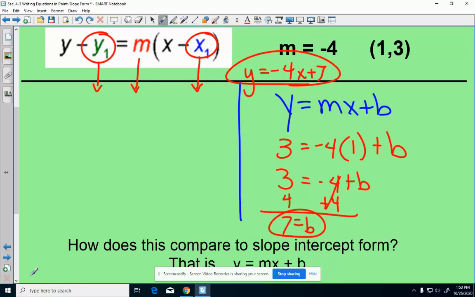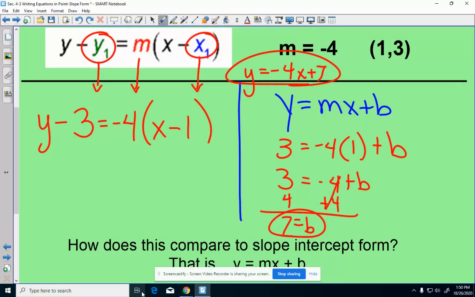Okay. So here's how this would look. I would write y minus 3, because that's the y value. My ordered pair was 3, is equal to negative 4, that's m, and then in parentheses x minus 1. So just plugging in those 3 pieces.